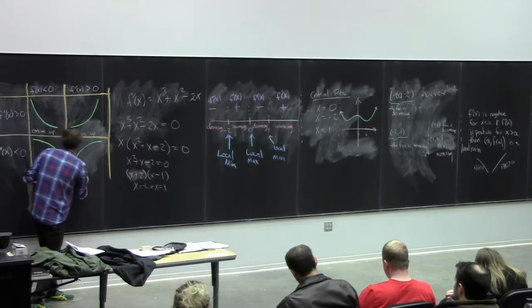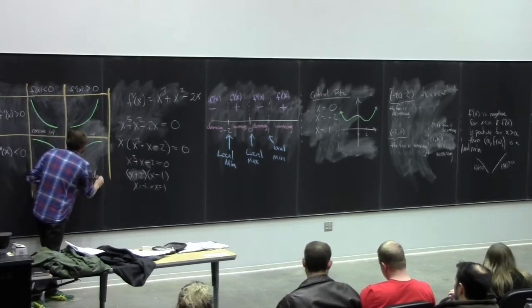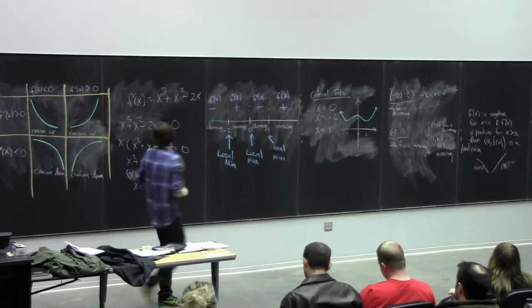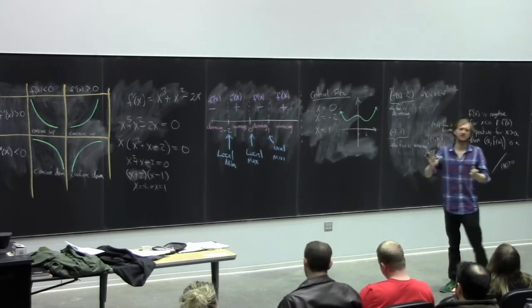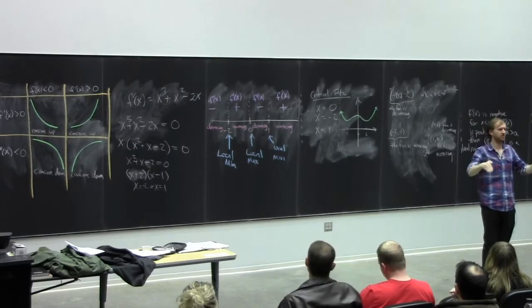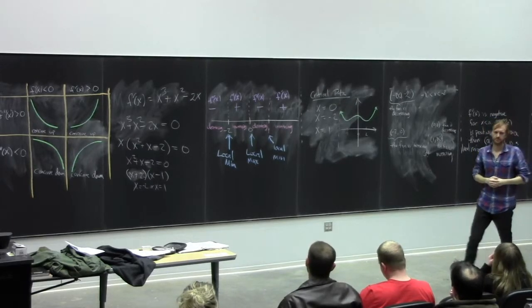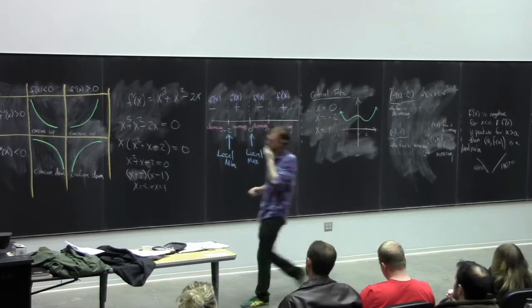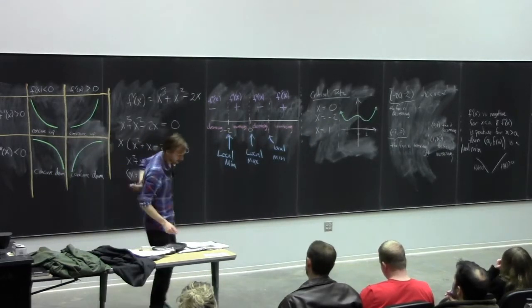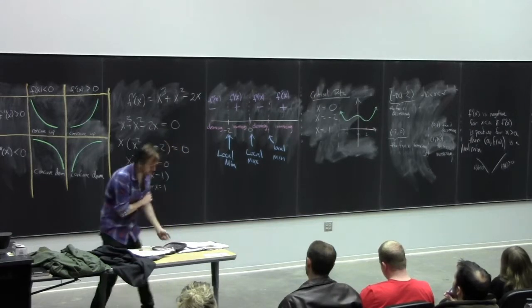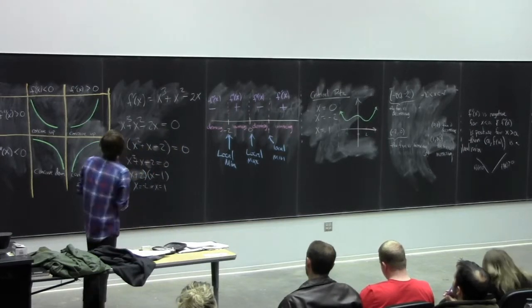Concave down. And so the second derivative here tells us more information about what the curve looks like. Hopefully this can help. Now, we have a test for concavity.